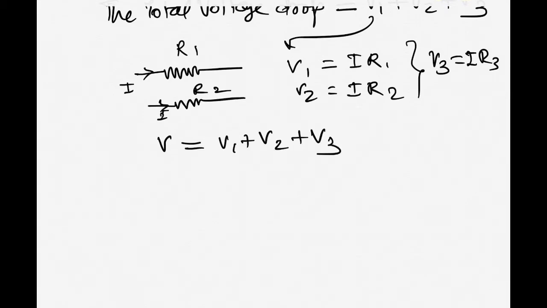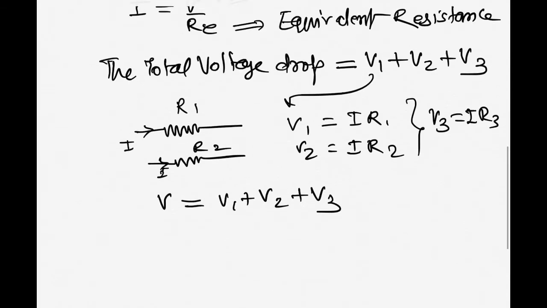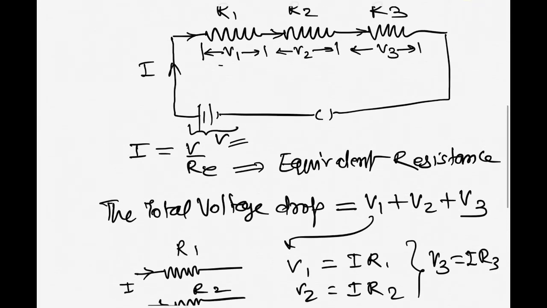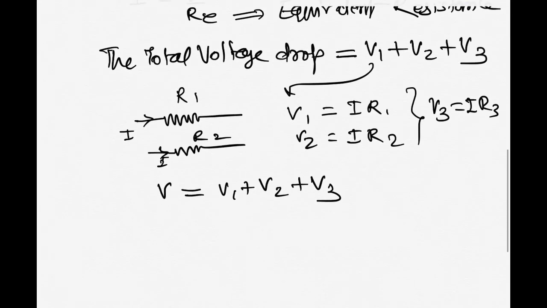So the total voltage drop across the combination of these three resistors will be equal to V1 plus V2 plus V3. And this total voltage drop across these resistors is the same as the potential difference or voltage of the energy source, because the voltage applied between these two points is the same as on these two points. So we can write V, the voltage of the energy source, as the current in the circuit times the equivalent resistance of the circuit.